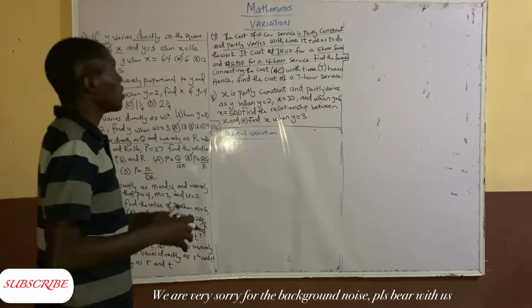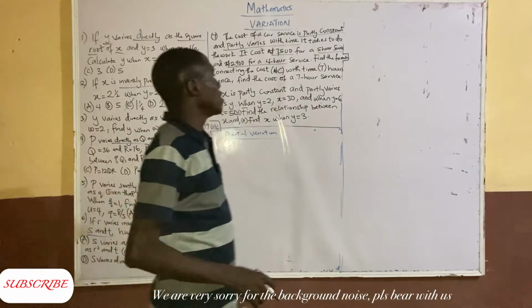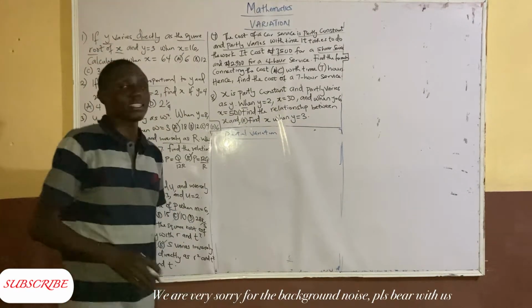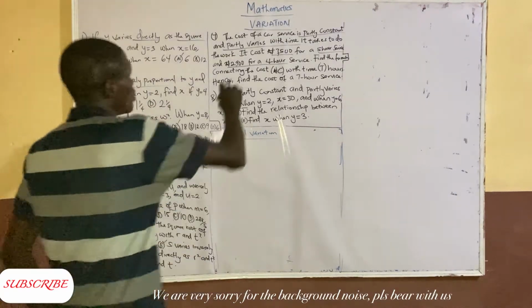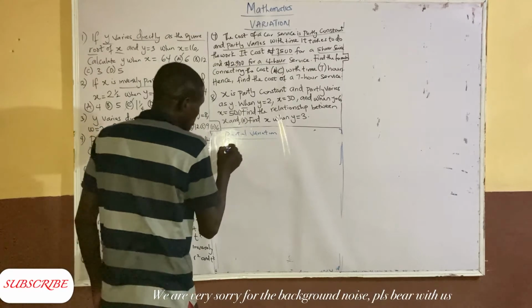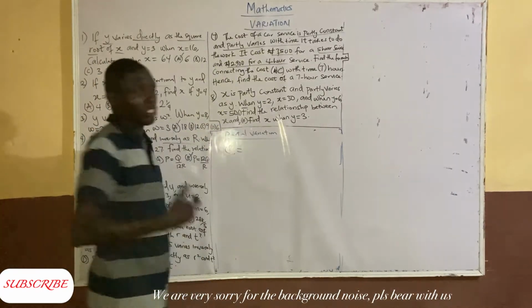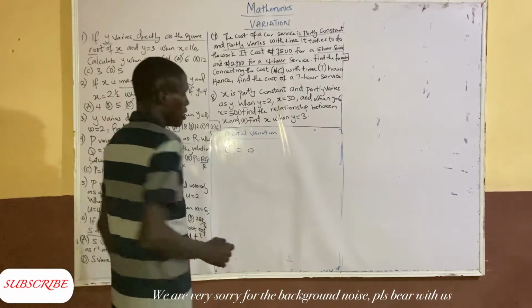Find the formula connecting the cost C with the time t hours. Hence, find the cost of a 7-hour service. This is a partial variation. How do you do partial variation? They said the cost C is partly constant. Just pick a constant yourself. Let's use A as our first constant.